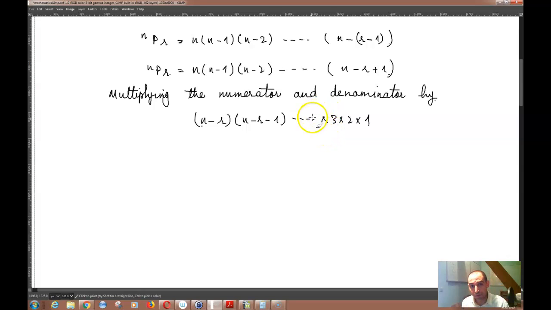So basically over here you go all the way up to n minus r minus 1, and n minus r.